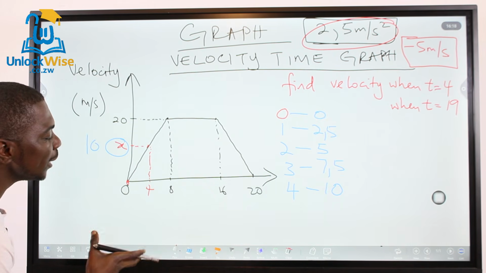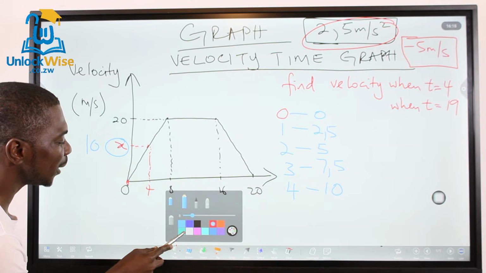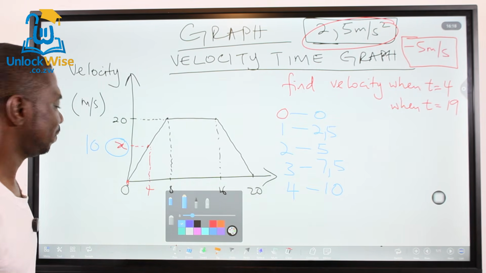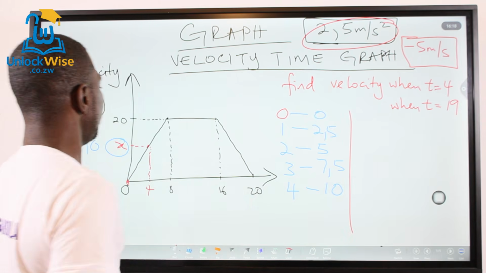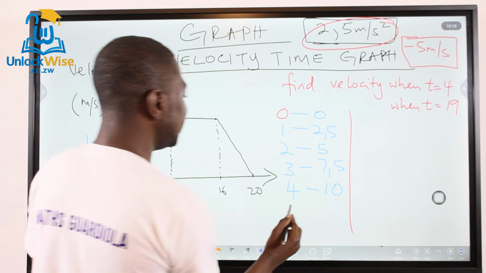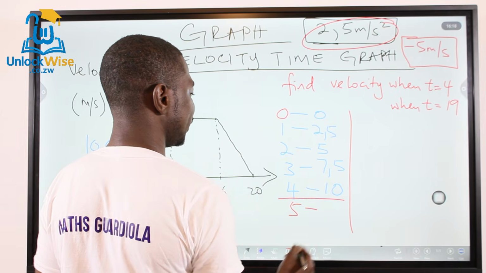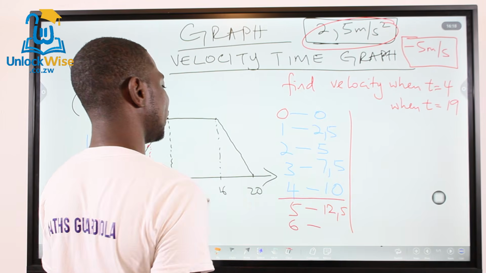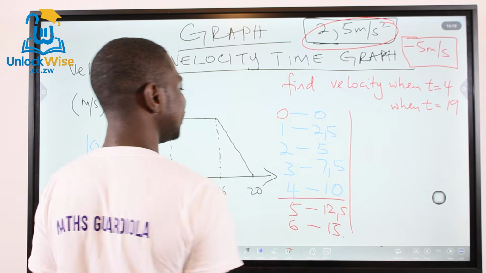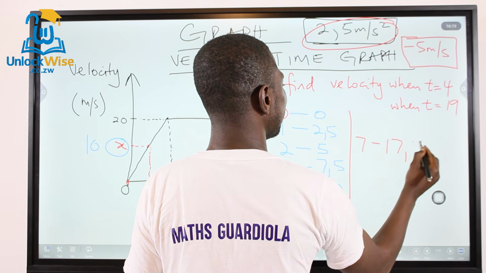Maybe for you to understand this better, let me continue so that you see where I end. Right? Let me use red here. The next second, 5, we add acceleration, 12.5. 6, we add our acceleration, 15. 7, we add our acceleration, 17.5.